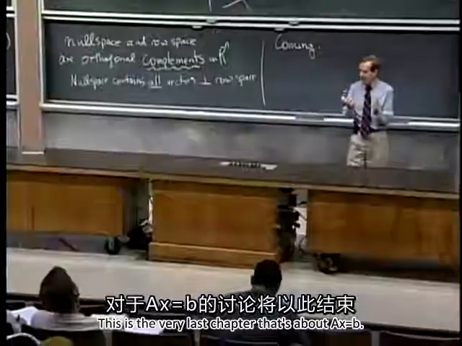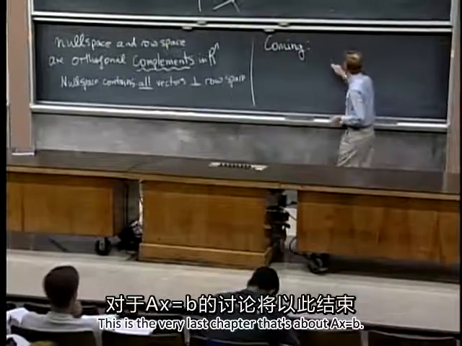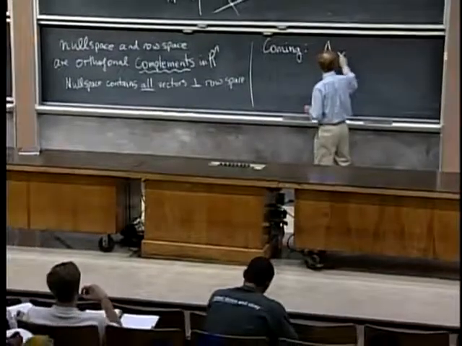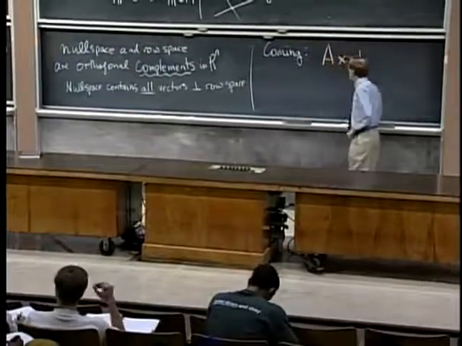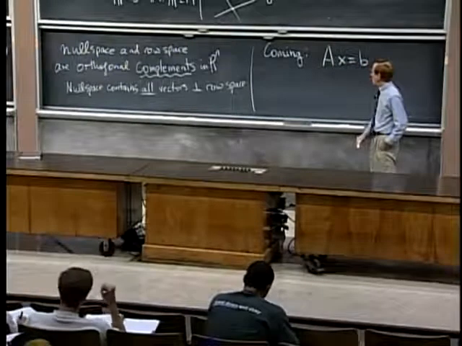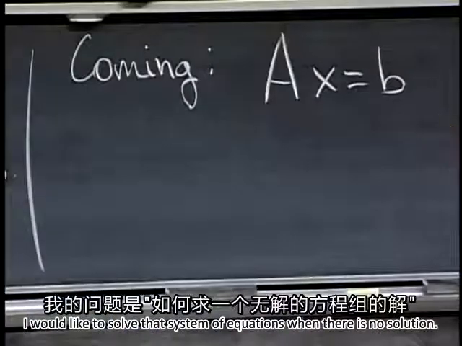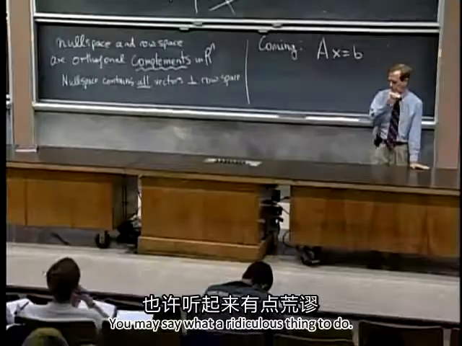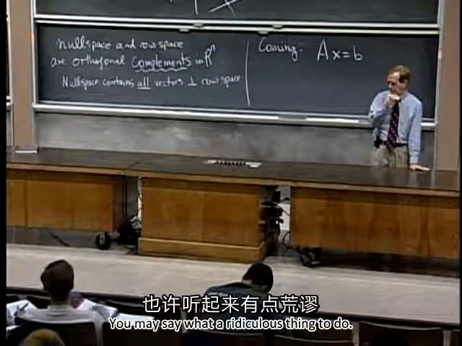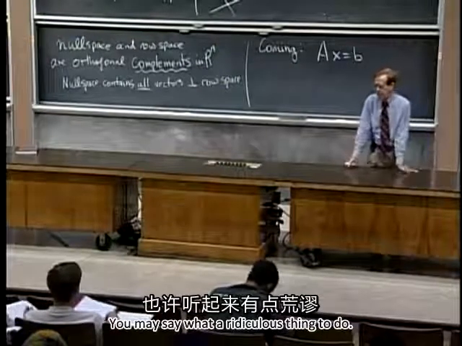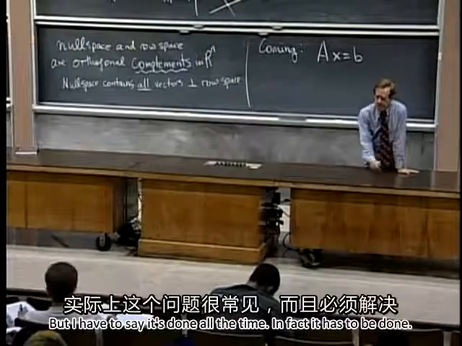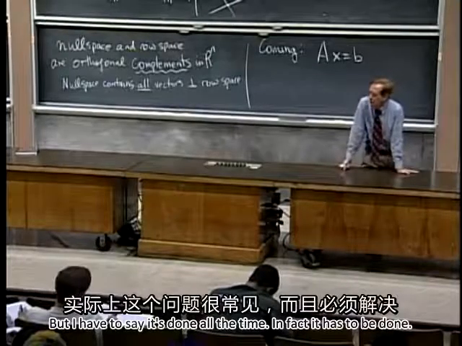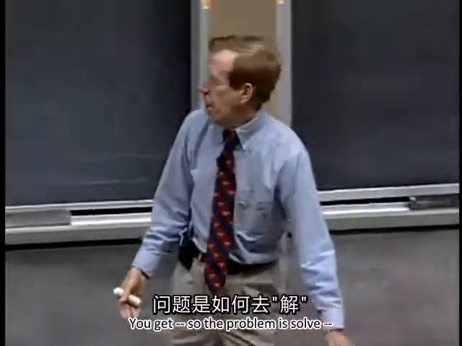This is the very last chapter that's about AX equal B. I would like to solve that system of equations when there is no solution. You may say, what a ridiculous thing to do, but I have to say, it's done all the time. In fact, it has to be done.